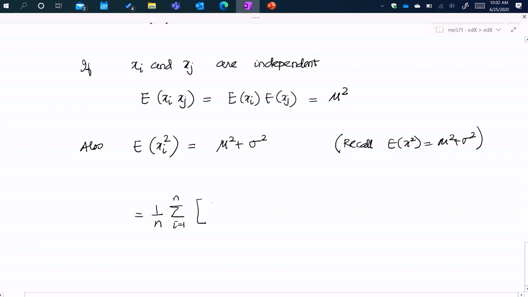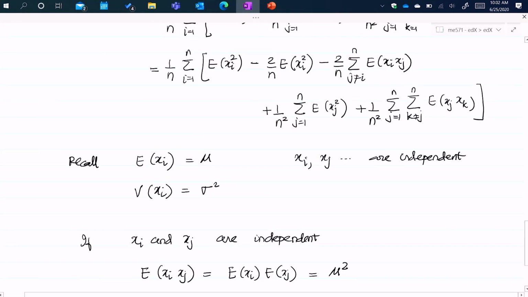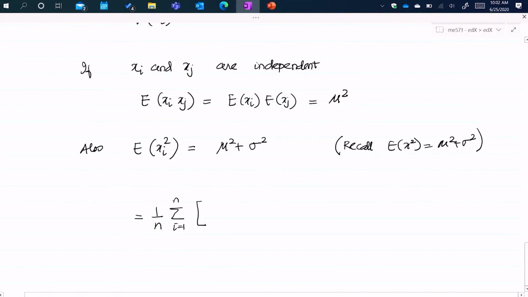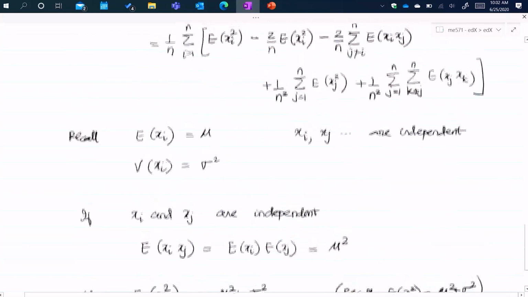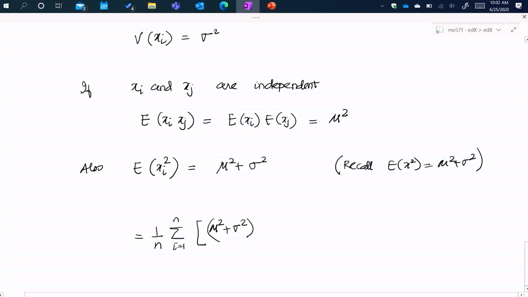And so the first term is expected value of x squared, so I can write that as mu squared plus sigma squared. Okay, and the second term is minus 2 over n expected value of x squared, so that together I can write as minus 2 over n mu squared plus sigma squared.